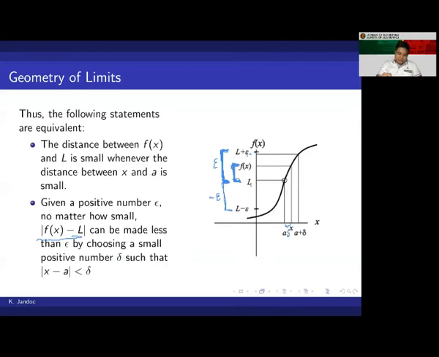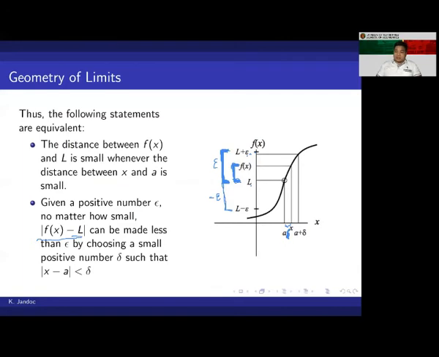So it's saying you can always choose a delta, where this delta is the distance between x and a. If it's smaller than delta, you can always make the distance between f of x and L smaller than epsilon.